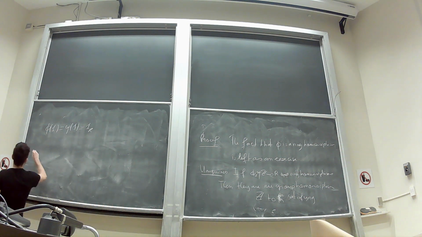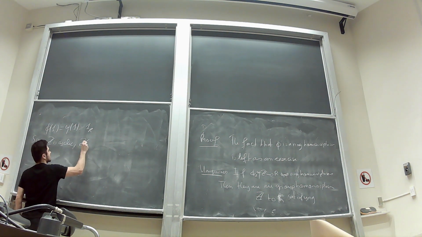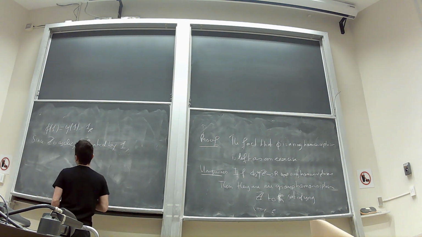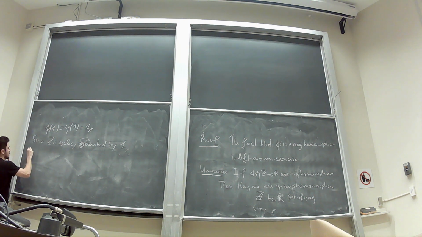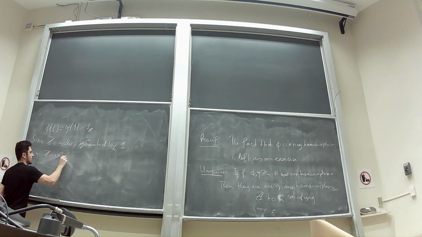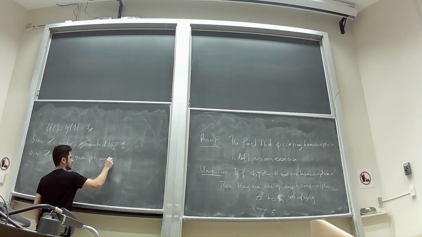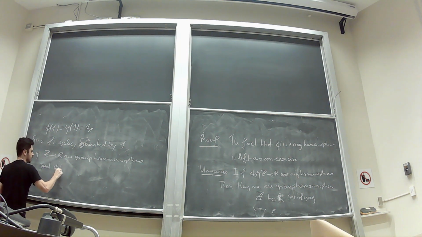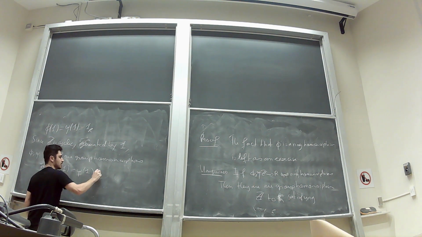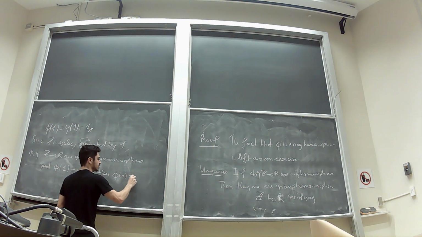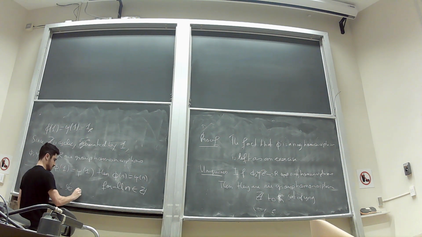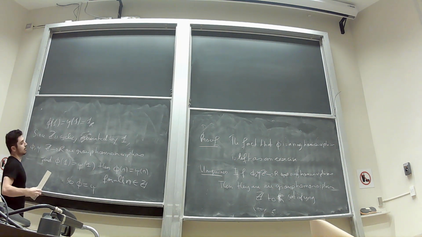So since Z is cyclic and generated by 1, you can prove inductively that if phi and psi from Z to R are group homomorphisms and phi of 1 is equal to psi of 1, then phi of n is equal to psi of n for all n in Z, so phi is equal to psi. This is the uniqueness of phi.